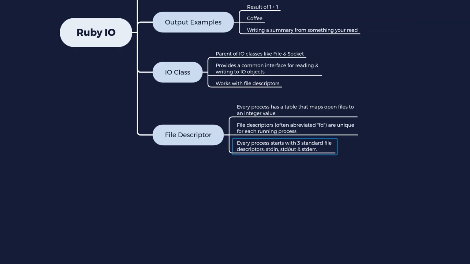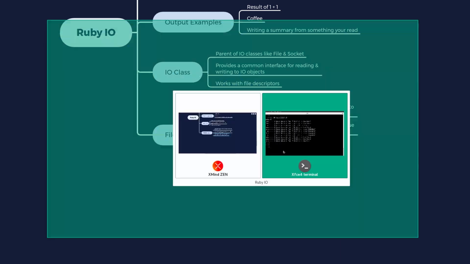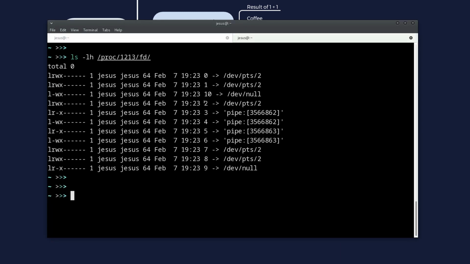And finally, the final point is that every process starts with 3 standard file descriptors. These are called standard input, stdin, standard output, stdout, and standard error, stderr. And these correspond to file descriptor 0, 1, and 2.